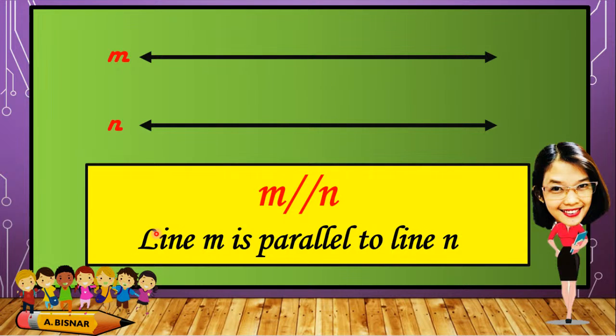That's why it's only named as line M and line N. Since these two lines are parallel lines, we can write it as M is parallel to N. Okay? This symbol illustrates that the two lines are parallel. So do not forget how to read this one. Line M is parallel to line N.